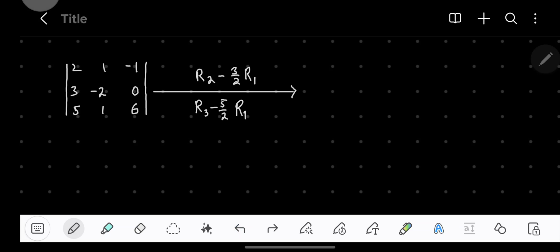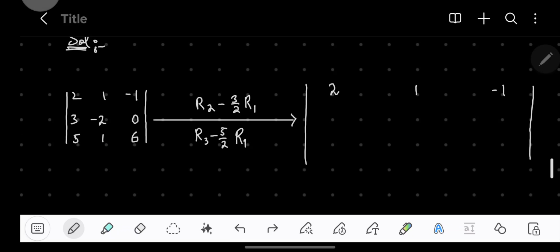So these two operations I will perform in this matrix. Okay, let's write the first row as it is, because we have to perform these two operations on the second row and on the third row. So the first row will be as it is. Firstly, I have to perform this operation in the second row. So first of all, I will write R2 as it is.